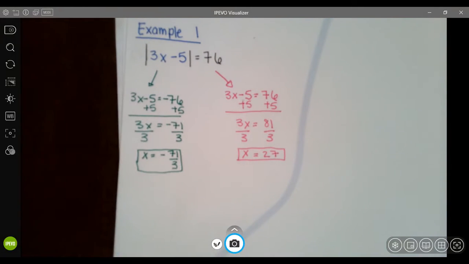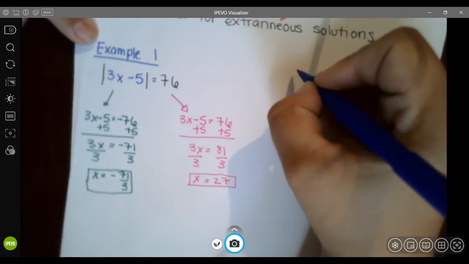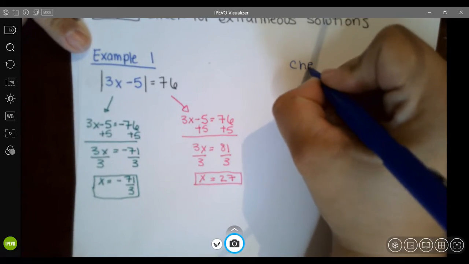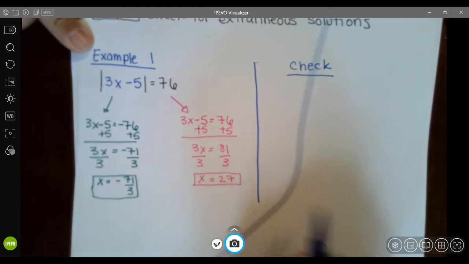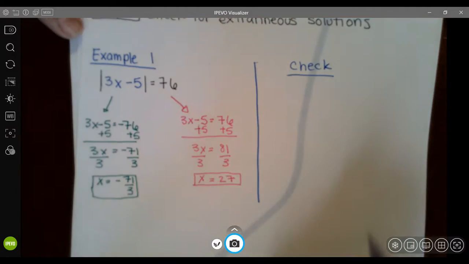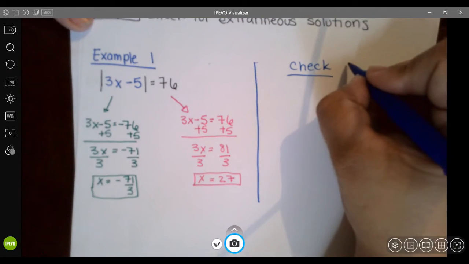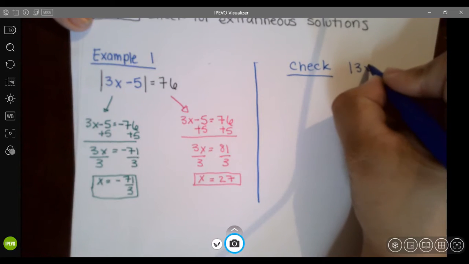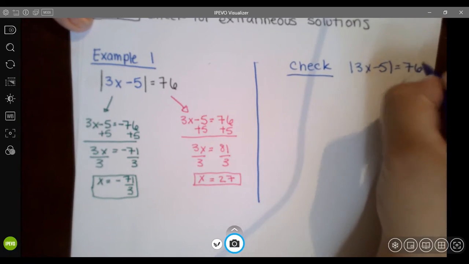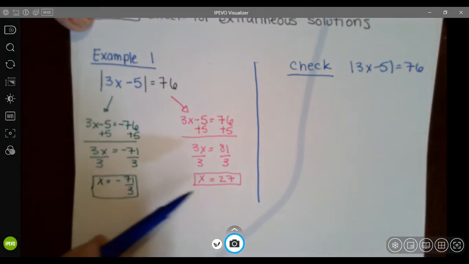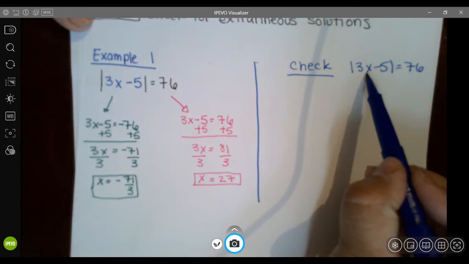So the next thing that I'm going to do is check my solutions. So over on this side, I'm going to check. And let me just separate my work. So the way I'm going to check is I'm going to take my original absolute value and I'm going to substitute each of my solutions into my x.